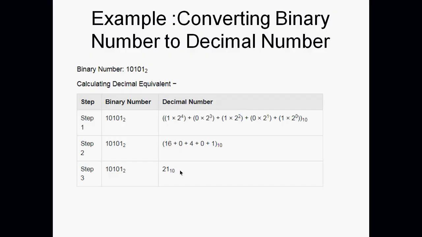So in this session, we have seen what the number system is, what the types of number systems are, and finally how to convert from decimal to binary, and similarly binary to decimal.